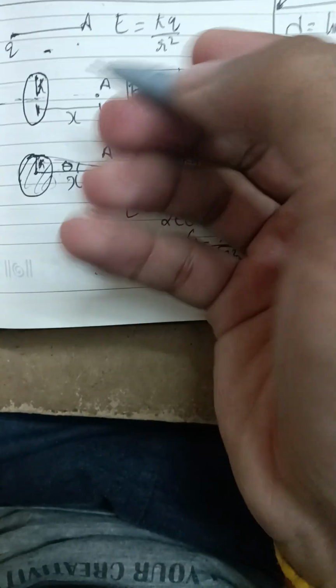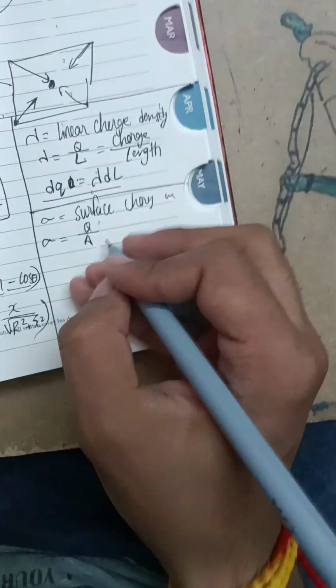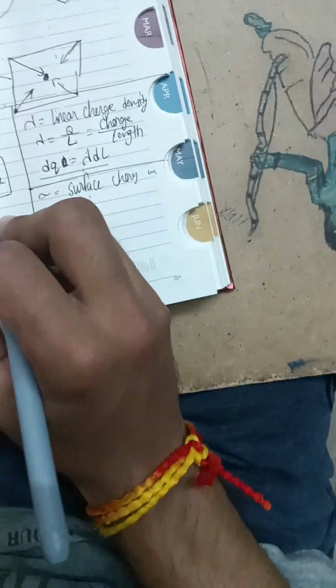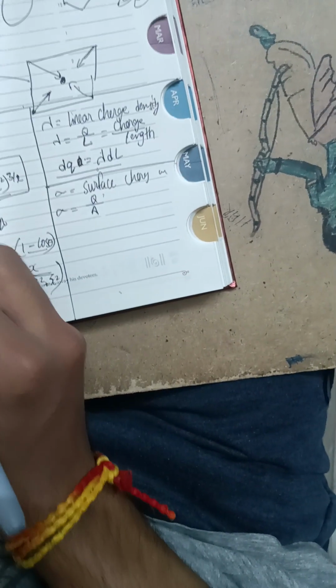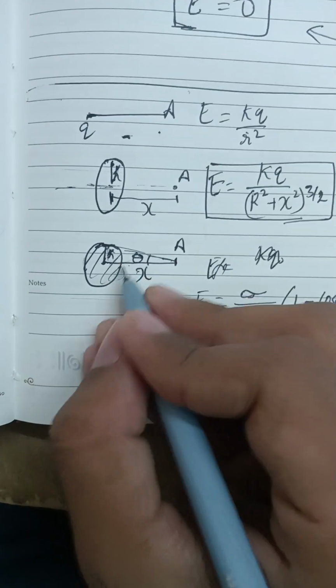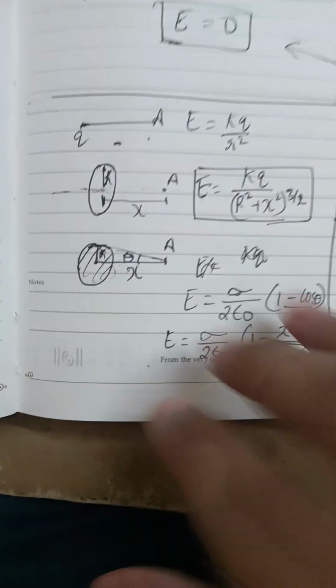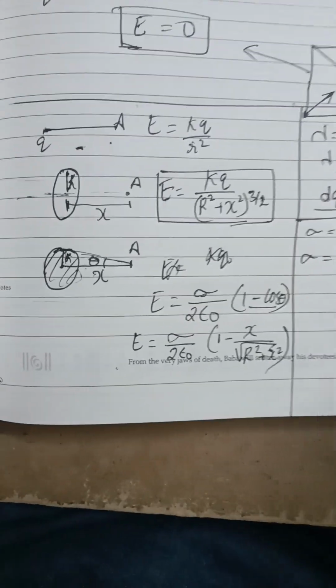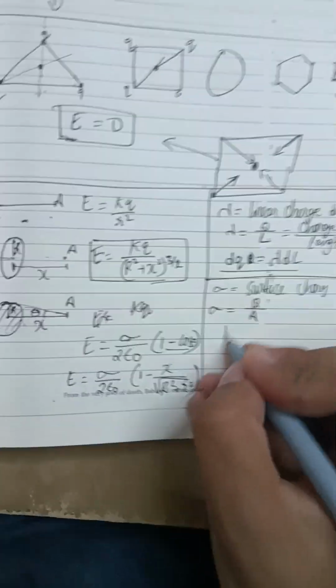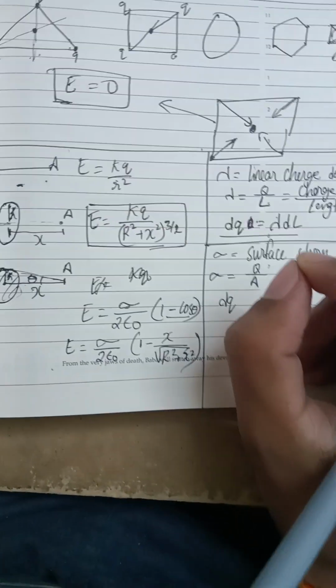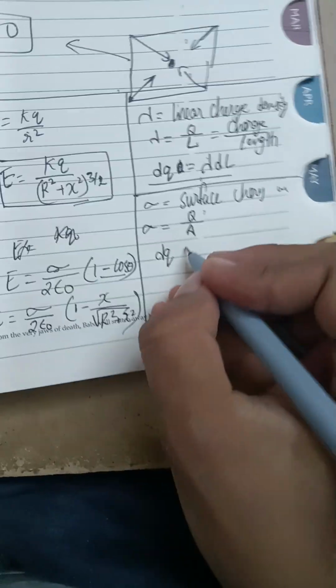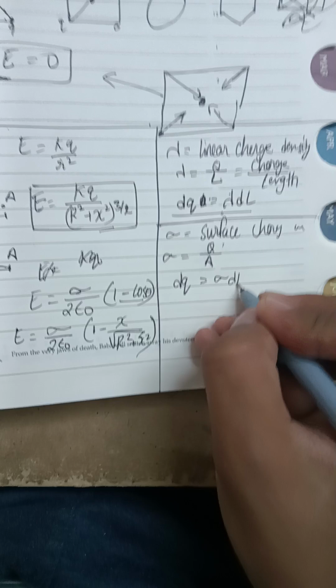Here it is not filled, so you have to calculate the normal length, not the surface area. Now if it is uniform, everywhere there is the same quantity of material filled, with no up and down. But what if there is up and down? Then dq, the smaller charge taken, is equal to sigma times dA.